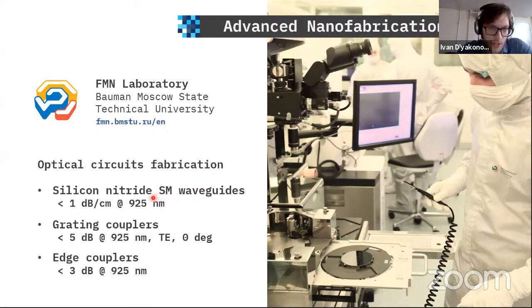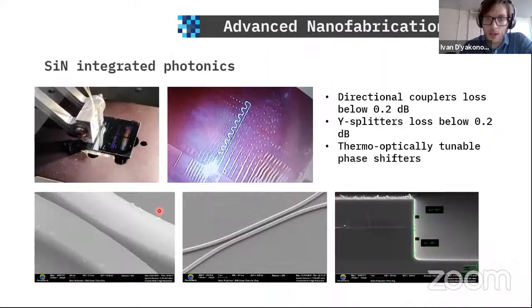All these are designed for 925 nanometers, which is the wavelength of our quantum dot single photon source provided by Quandela. That's why this wavelength is used here instead of, for example, the telecommunication wavelength, which is more widespread. So these are the slides and the photos of the devices we have already made.